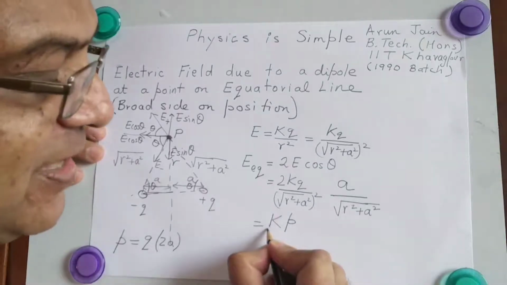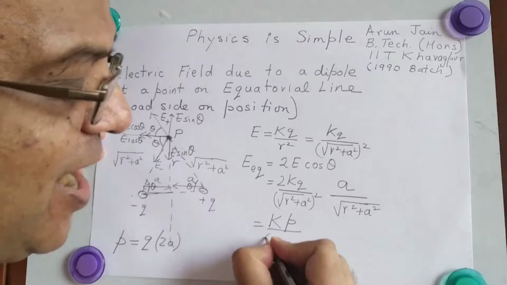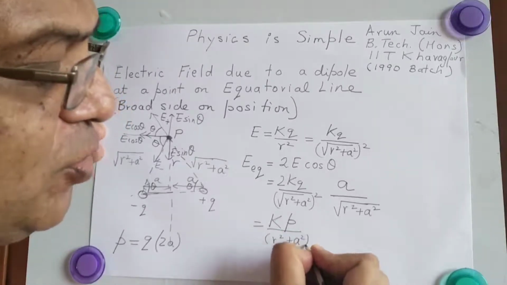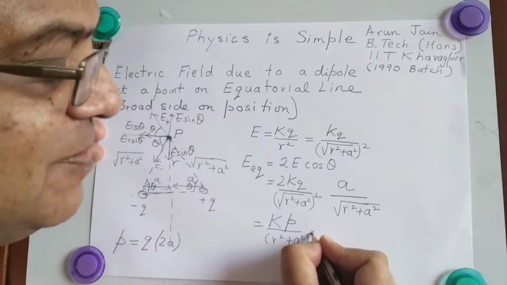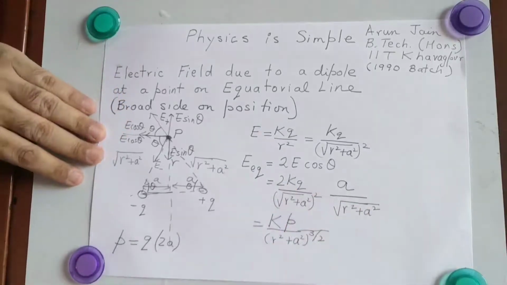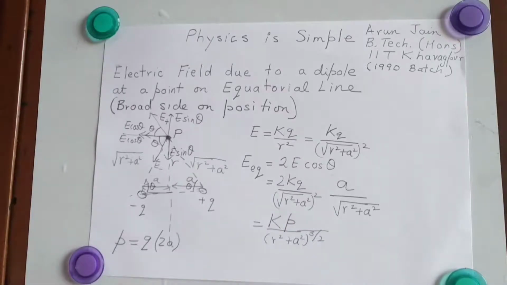And this becomes kp by r square plus a square whole to the power 3 by 2, because Q into 2a is p. So this is the formula for electric field at an equatorial point, a point on the equatorial line.